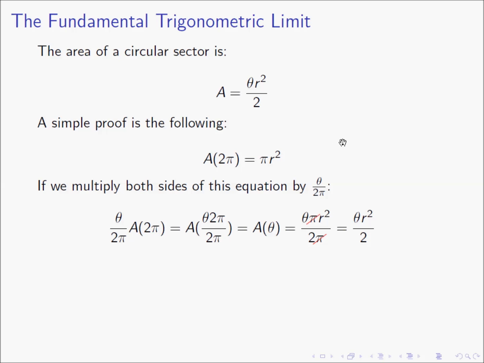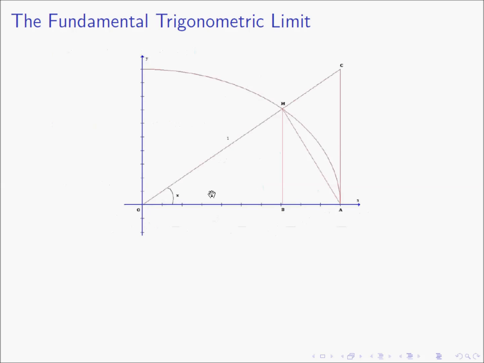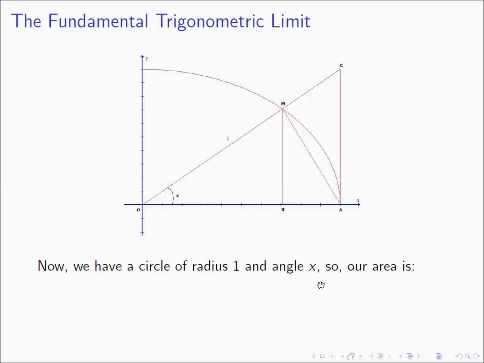Now let's apply this formula to this circular sector. For this sector the angle is x and the radius is 1. See, here we go. So replacing in our formula we have x times radius squared, that is 1 squared, over 2.